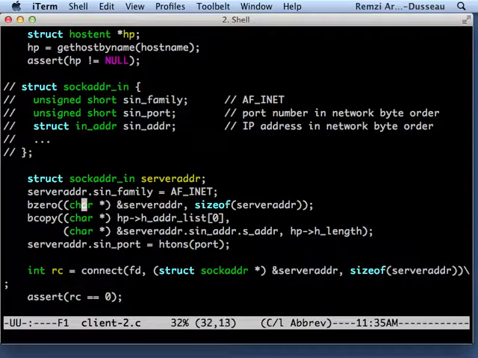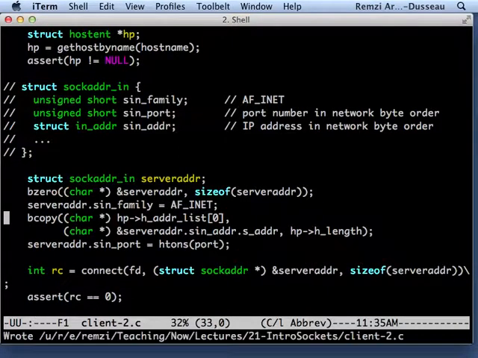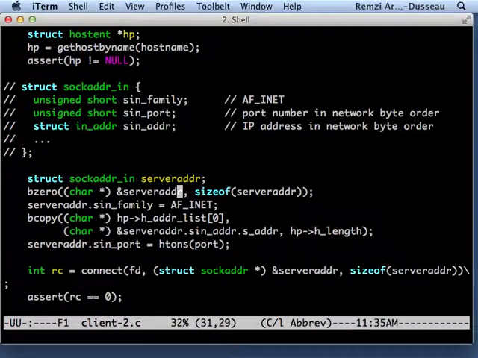Then they call bzero to zero out the structure. Oh, this is done slightly incorrectly. It should be like this. This first zeroes it out, just to make sure there's nothing in the structure. Then you set some of the fields. For example, the family field is set to that. And then you copy the first address from the gethostbyname result into the address field of the socket address structure.